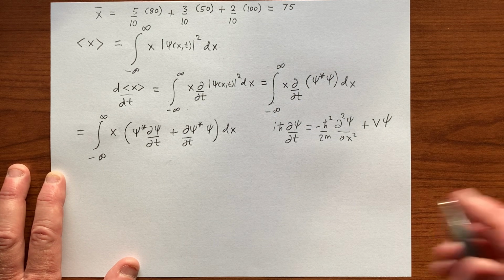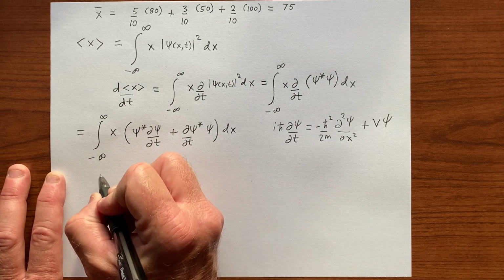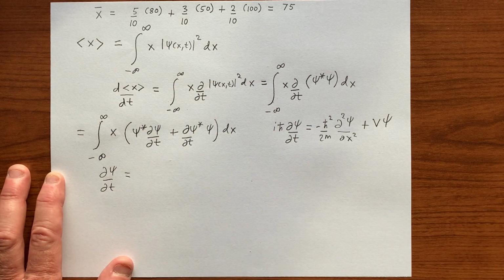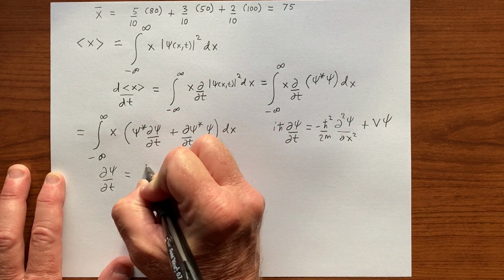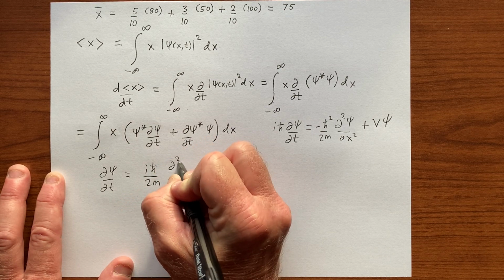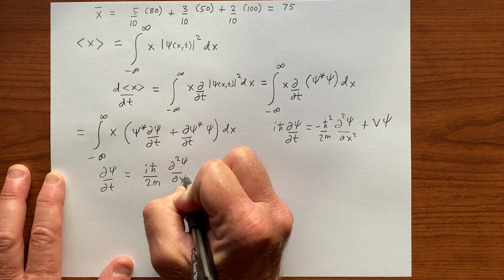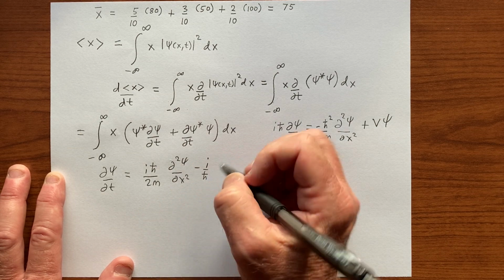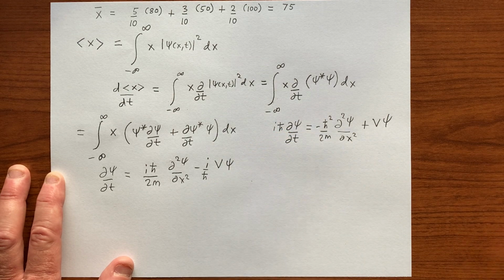And so from this, we can say that d psi by dt will be i h bar over 2m, two derivatives, minus i over h bar times v times psi.